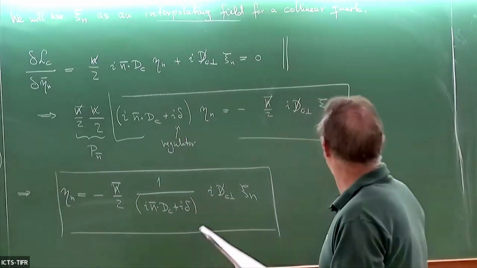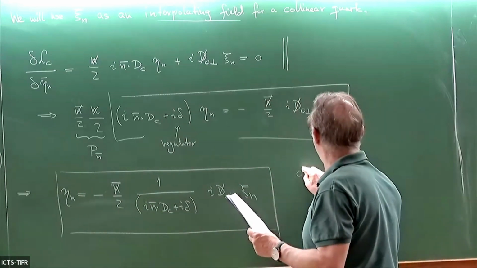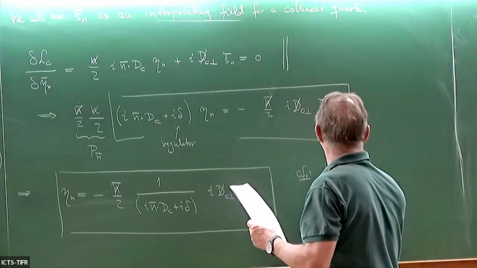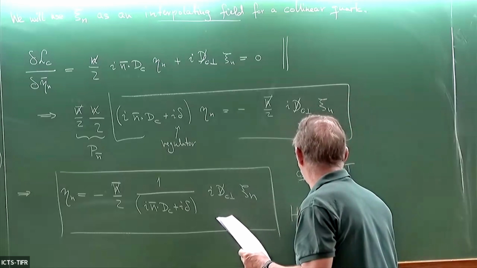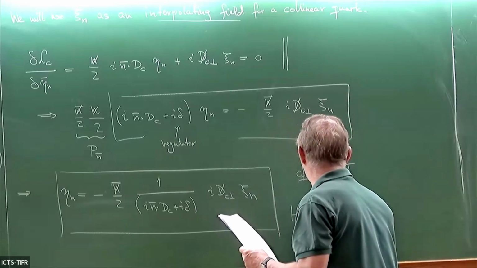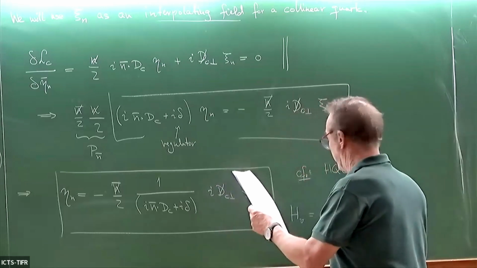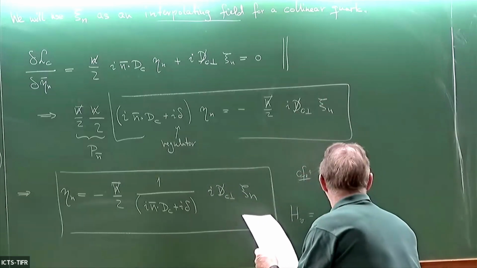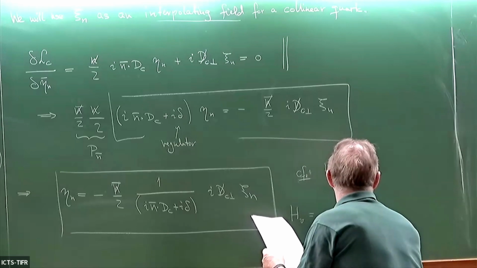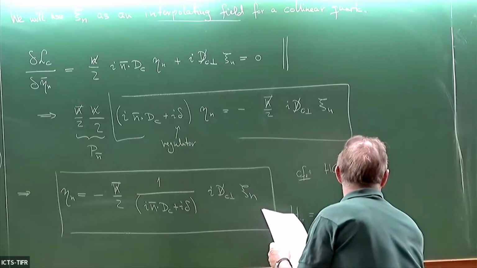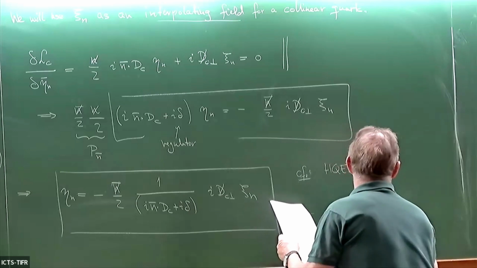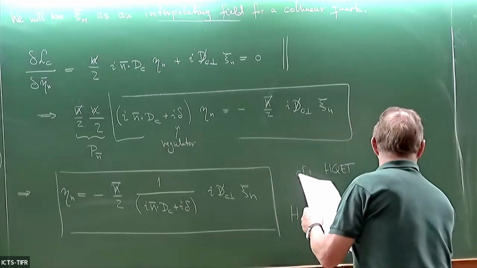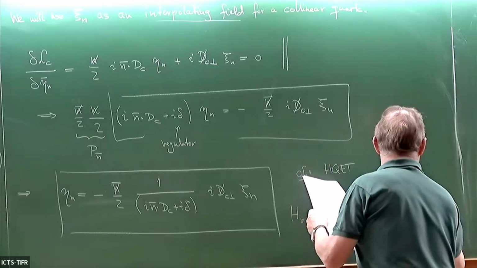And if you go back and look at HQET, in the case of HQET, we had a similar result, but not quite the same. Capital H was given by 1 over 2m_q plus i v dot d soft, i d perp s dagger times little h.